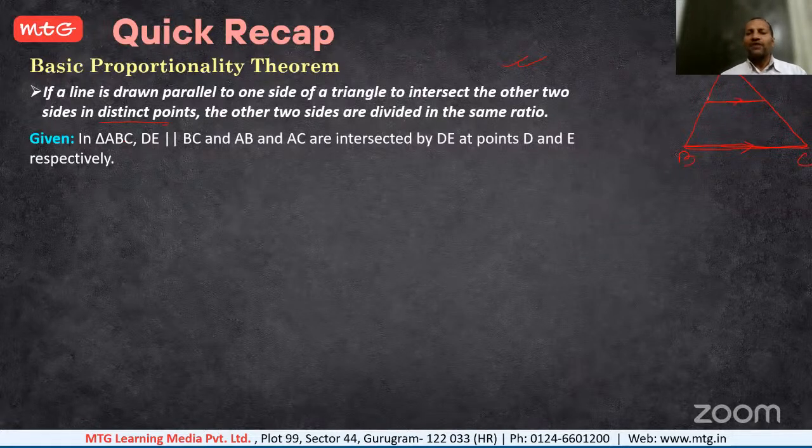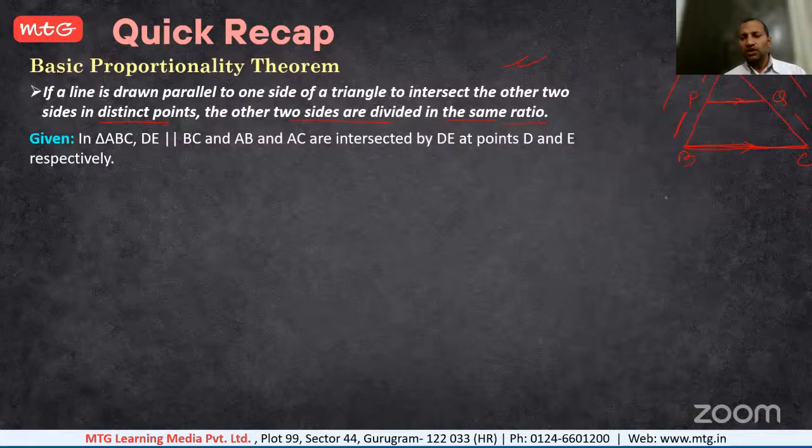Okay. And we are assuming this point is P and this point is Q. So it intersects the other two sides AB and AC at distinct points. The other two sides are divided in the same ratio. Means whatever the ratio of AP and PB is, AQ and QC will also have the same ratio.